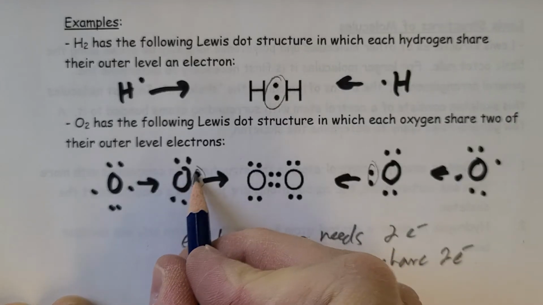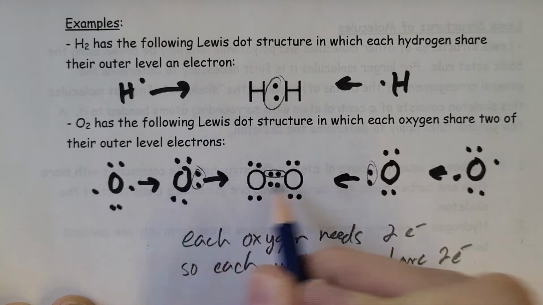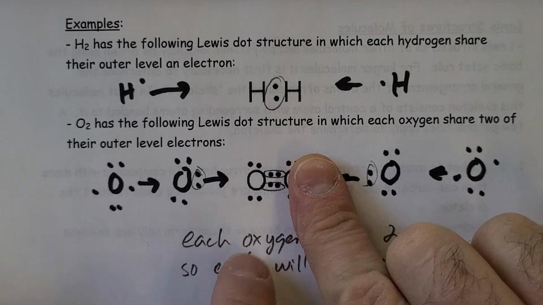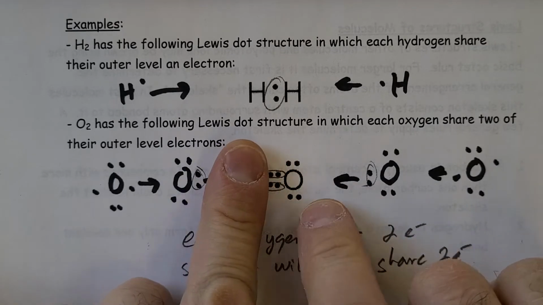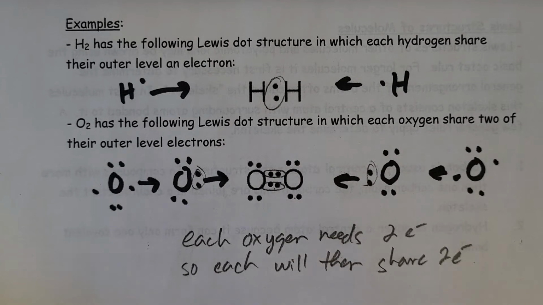Share 1 to get 1. There's a set. Share 1 to get 1. There we go. So we have 2 shared pairs there. This oxygen thinks it has 2, 4, 6, 8. And then this oxygen thinks it's 2, 4, 6, 8. So it's stable then. Each atom considers that shared pair to be its own.